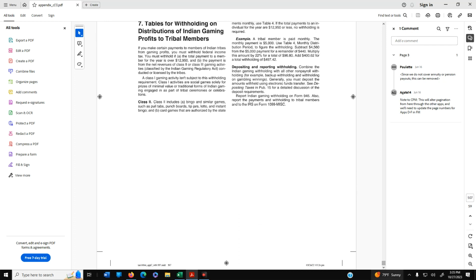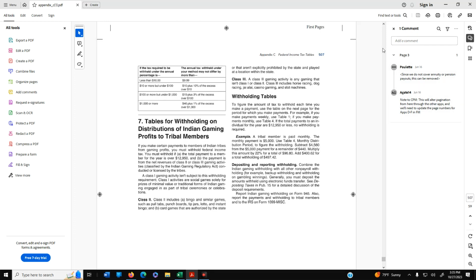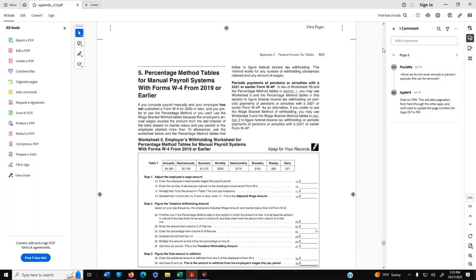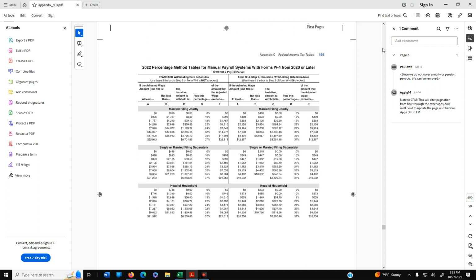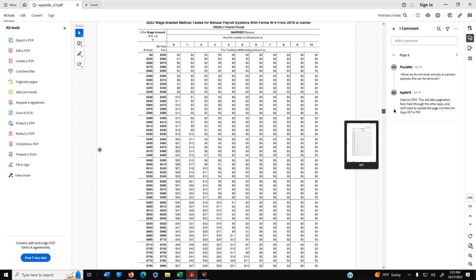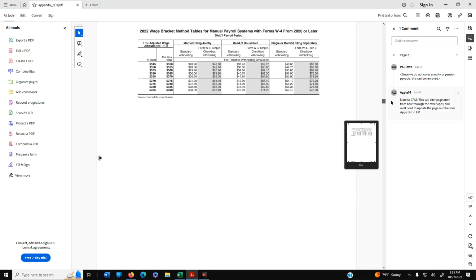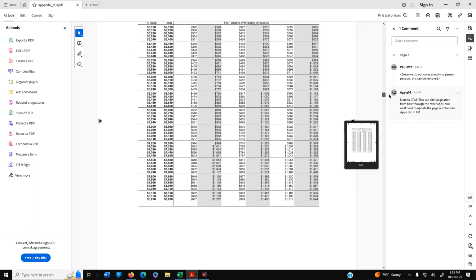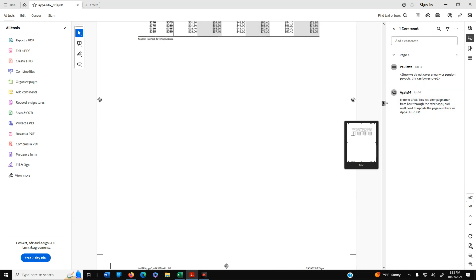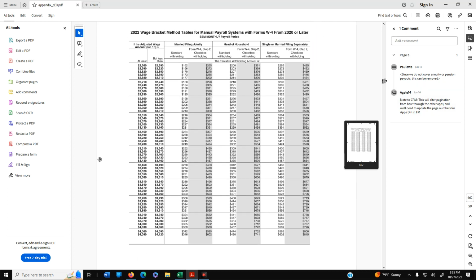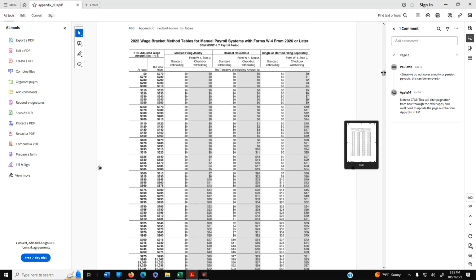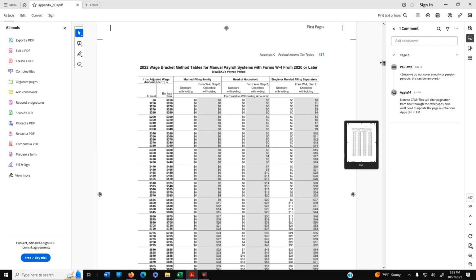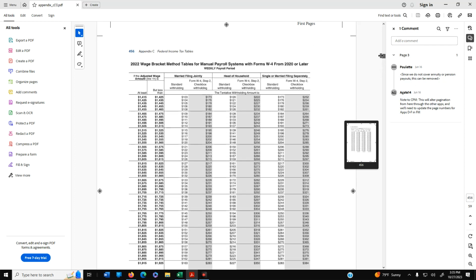And then you've got the one that's most commonly used, and sorry for having to scroll through all of these, but it's the wage bracket method. You're going to have it for different payroll periods, whether it's daily, semi-monthly, monthly, bi-weekly, or weekly, and then you've got married filing jointly, head of household, single, or married filing separately.